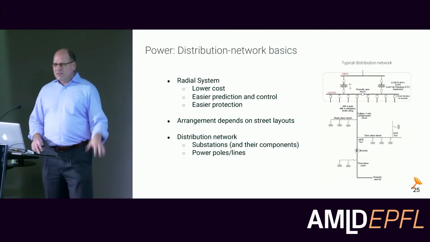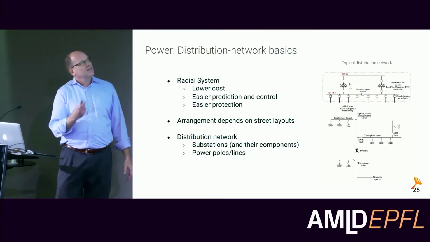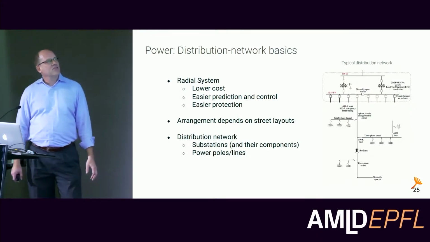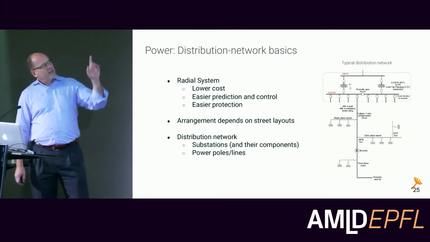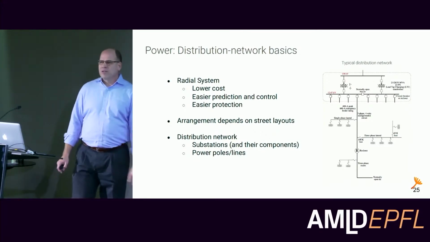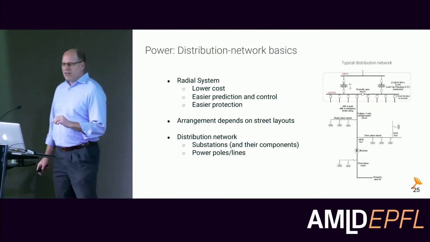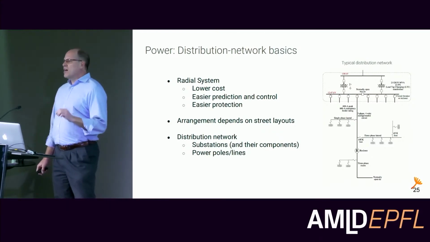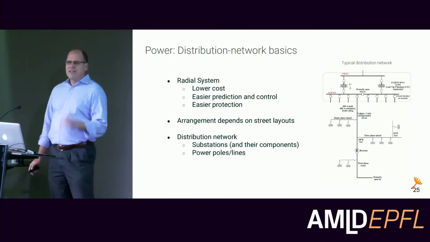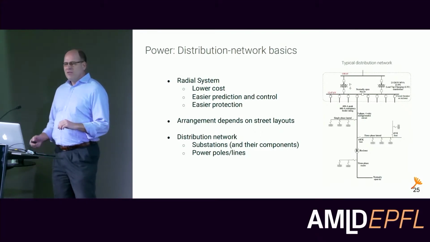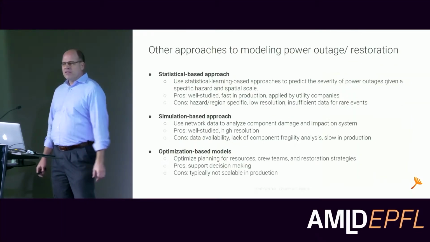But this radial system tends to have lower costs. It's on average easier to predict and control. And then the second point is the one I made earlier, which I'll emphasize again, is it depends a lot on street layouts. And so that gives us a lot of training data, so to speak, when trying to figure out where to place these things.